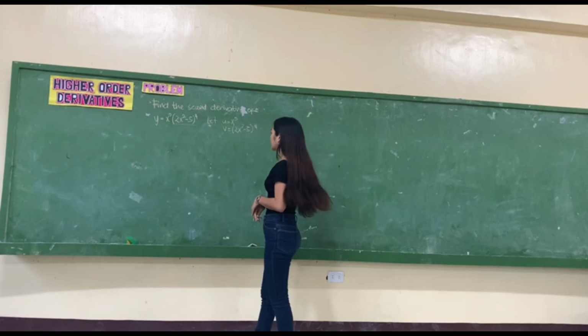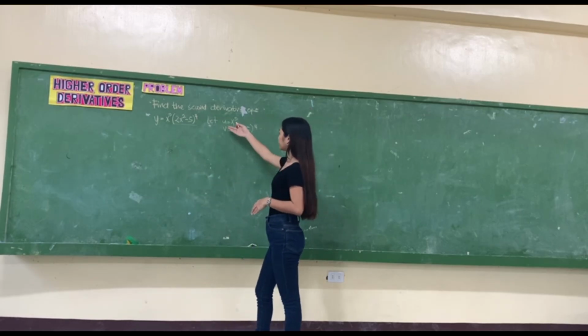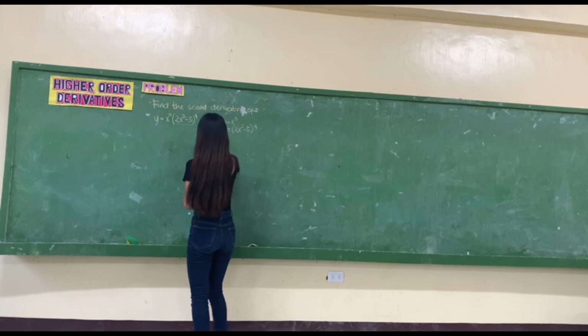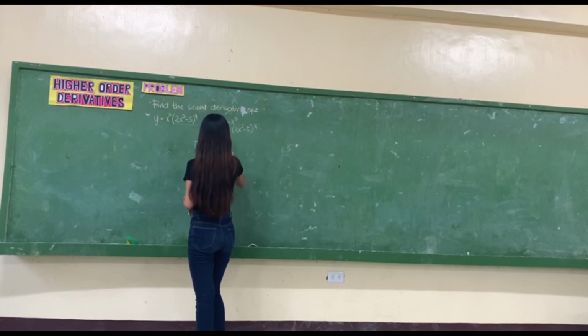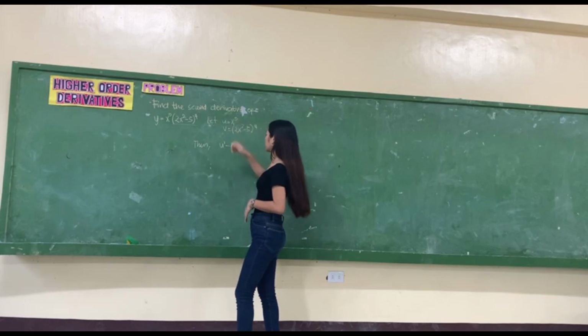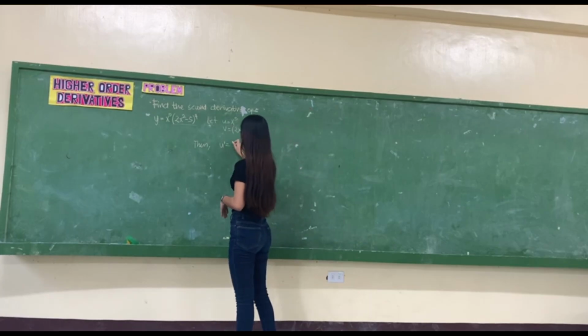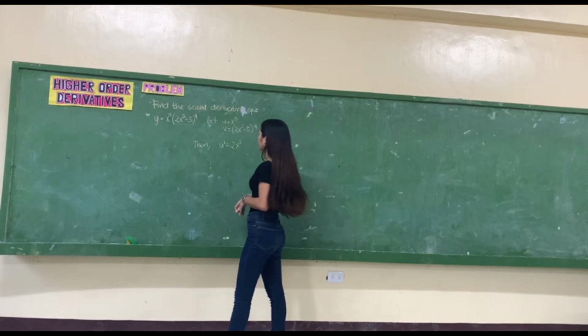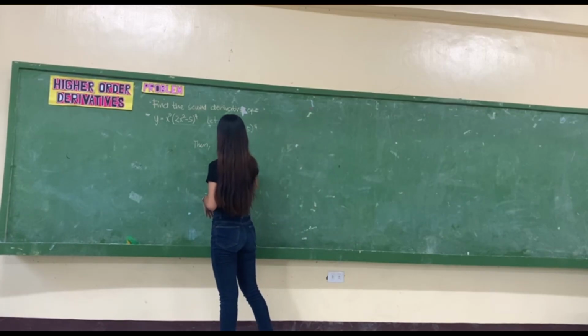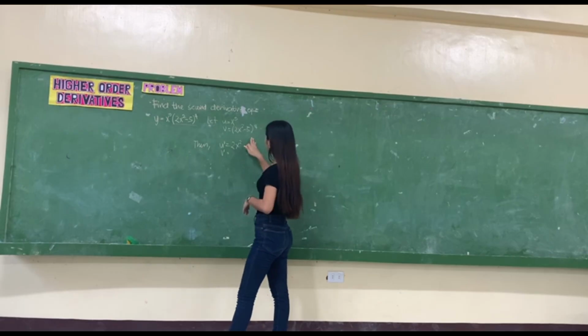After that, we'll just find the derivative of these two. The derivative of x cubed is 3x squared.